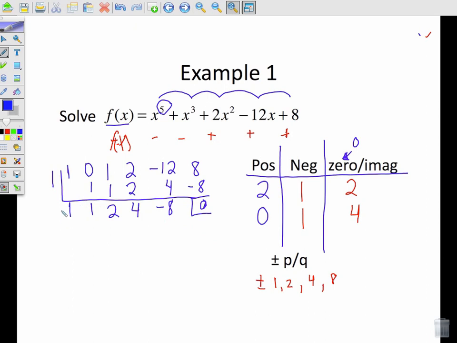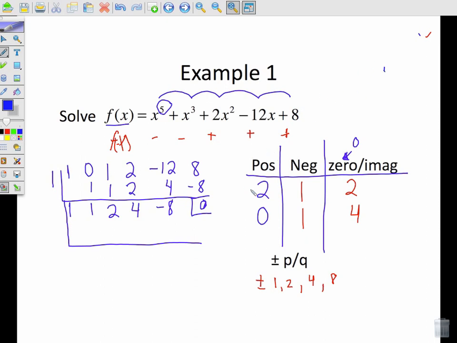Something else that you can do is continue to synthetically divide. I've got a power of 5 here, and I go down here to a power of 4, and it does not give me any indication that I'd be able to factor by grouping or factor this yet. It's not a quadratic, so we just have to come up with some other values.